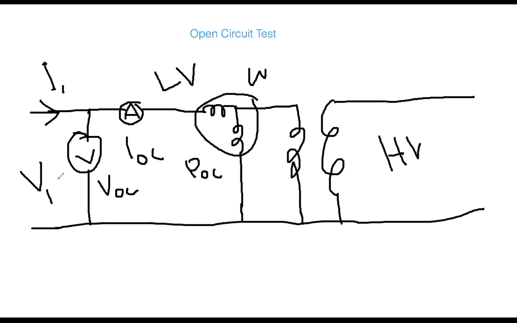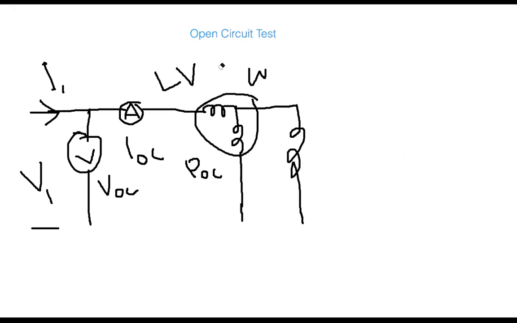You just have to apply the full rated voltage. You have to go until 120 volt. And then once you get the full voltage and you took these three readings, VOC, IOC and POC, then you are done. And once you get that, then you start the calculation.